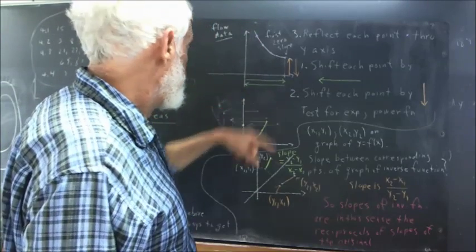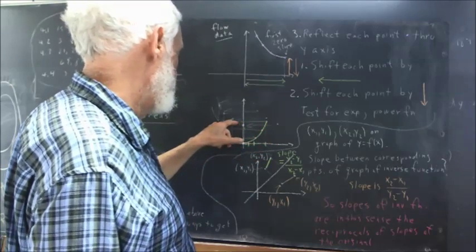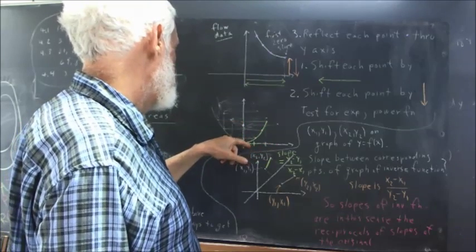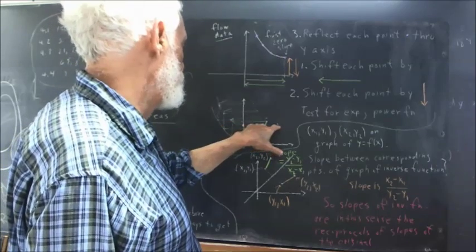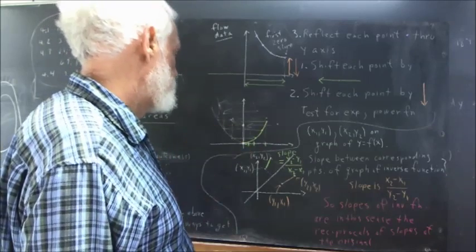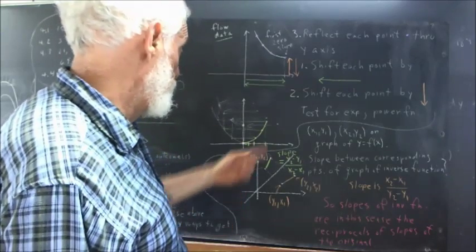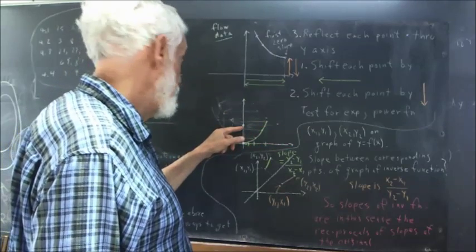So we move this point over to the y-axis, and we move every other point in the same way. Each of these points goes from here to here, according to the green arrow. So we take this point, apply the green arrow, that moves it to the y-axis.